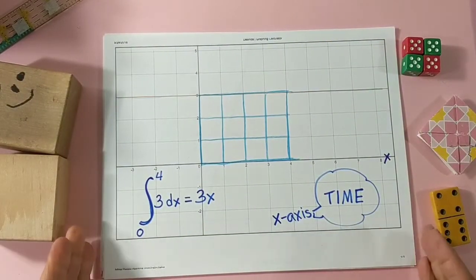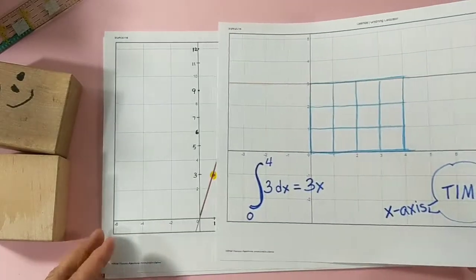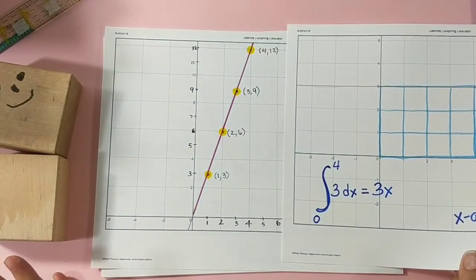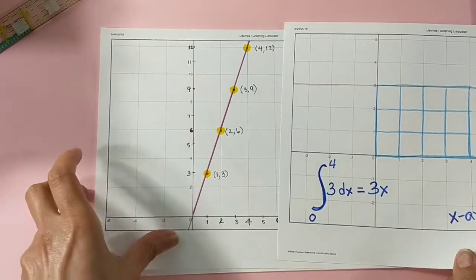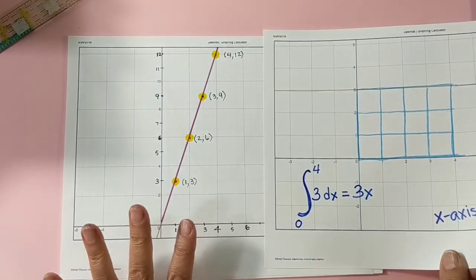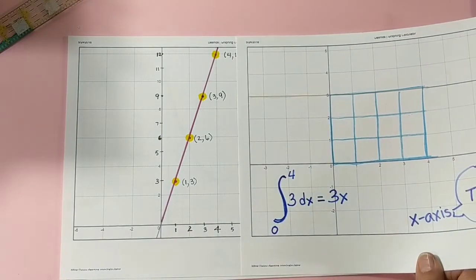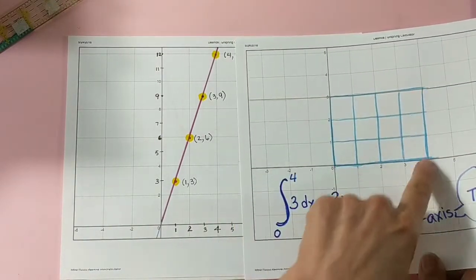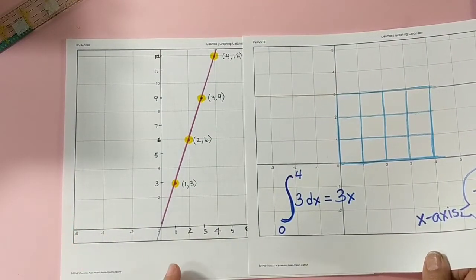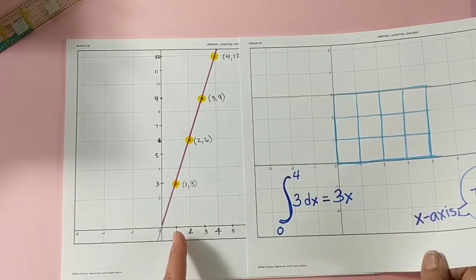Okay, so what does that 3x mean? Well, actually you can graph that function and it looks like this. And this is the cool thing, that this function becomes like a secret code book to tell you how many squares are within this boundary you've created. So let's say this is a 1 hour mark.